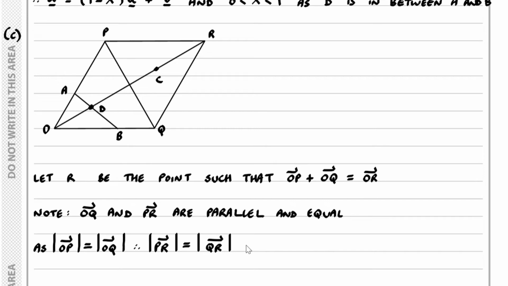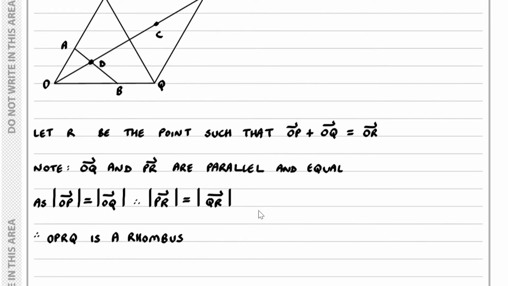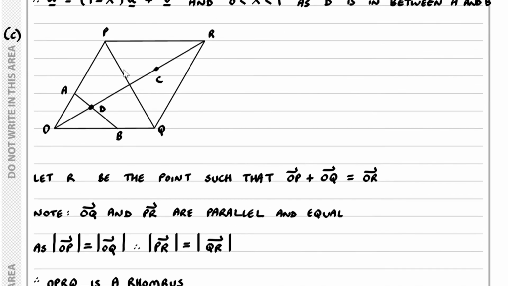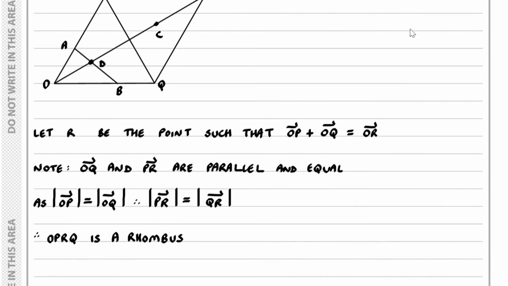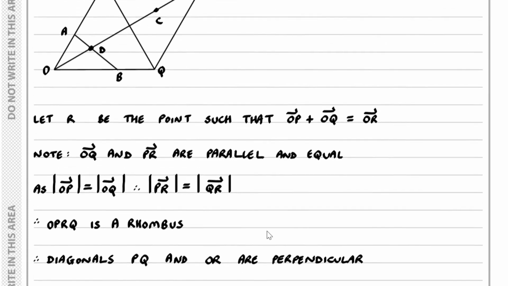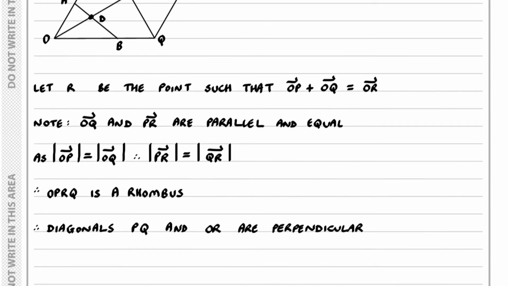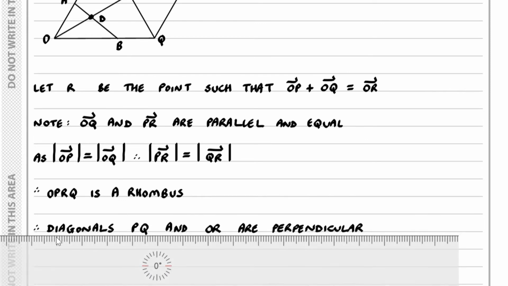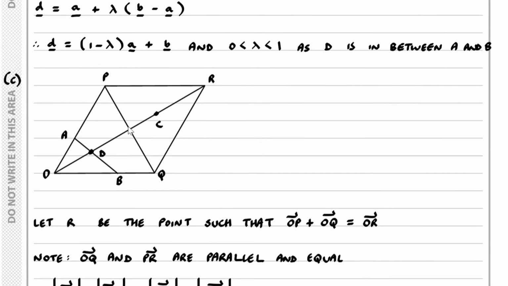And because of that, we can therefore conclude that OPRQ is a rhombus because each of the sides are equal and parallel. So the diagonals PQ and OR are perpendicular, which means if we consider this statement, here we've got 90 degrees.